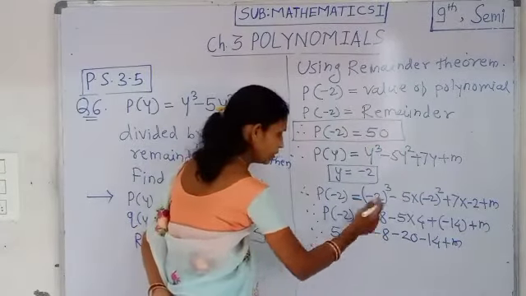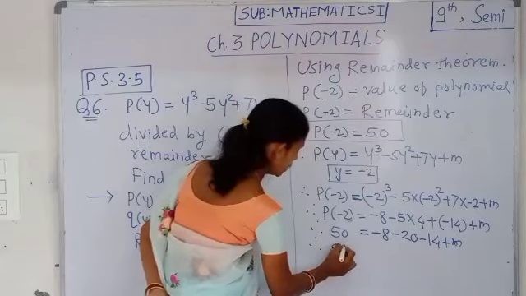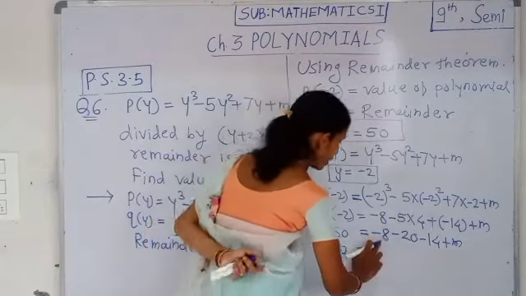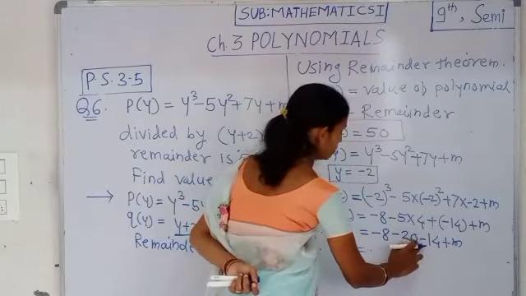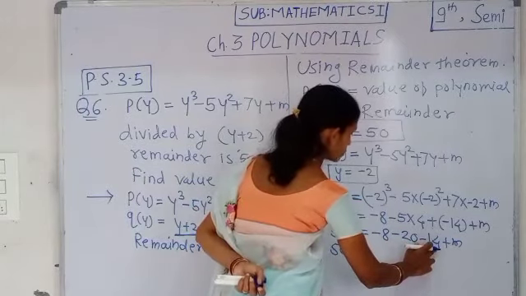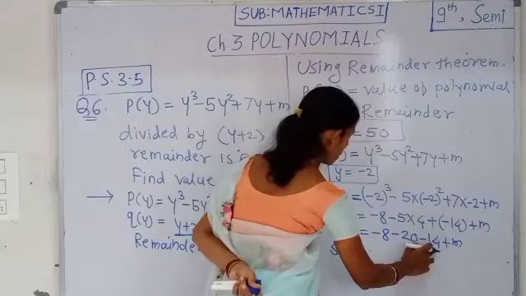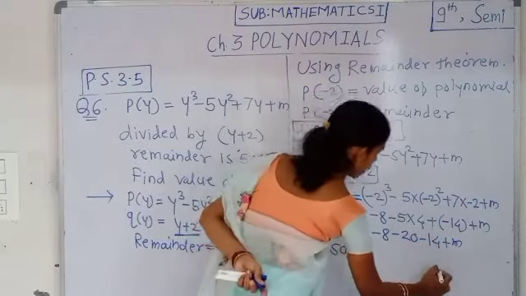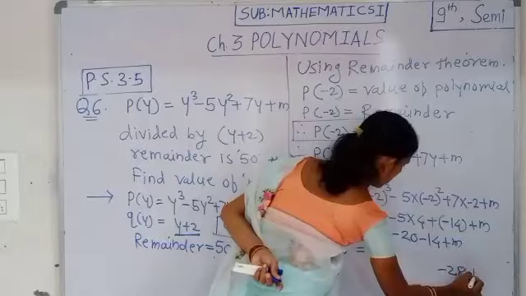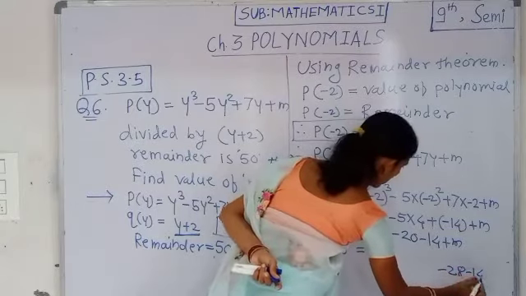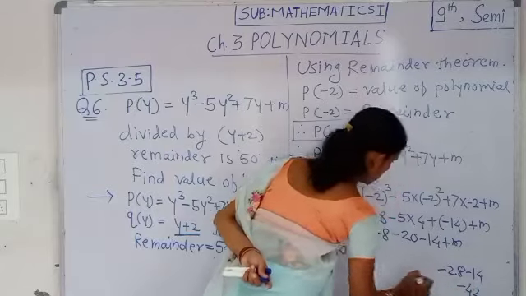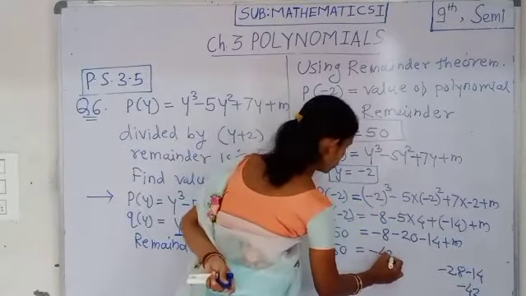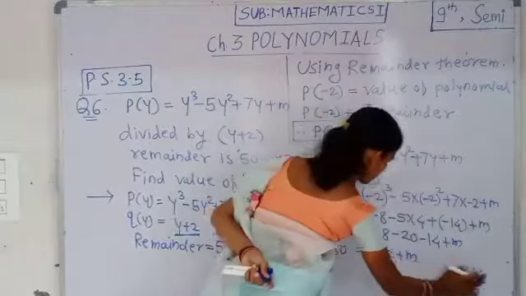And therefore, simplifying this, here we get 50 is equal to minus 8 minus 20, that is minus 28, minus 28 minus 14. Therefore, here we get minus 42. Therefore, minus 42 plus m.